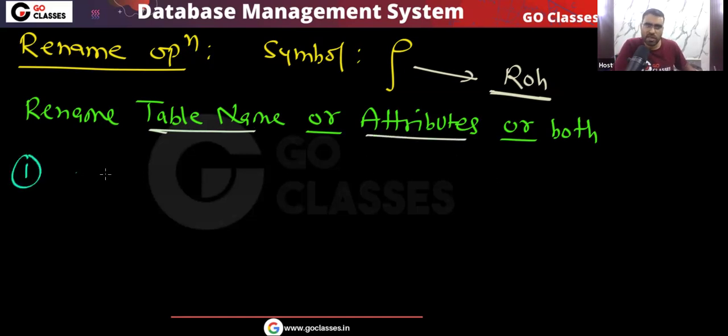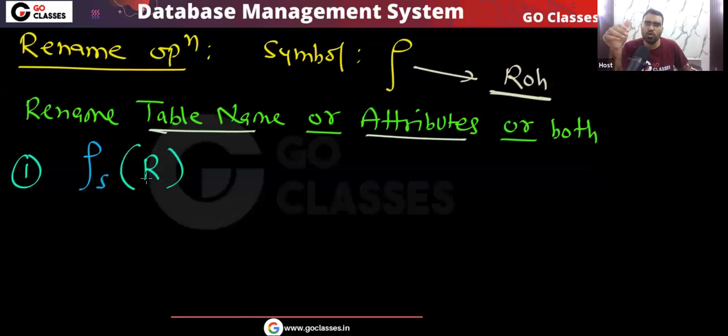For example, if I want to rename a table name, this is my table R. I want to rename this table with S. Then very simple, I can do this: rho S, which means renaming. Now let me tell you one more thing. When you do this renaming, it does not mean that the name will change.